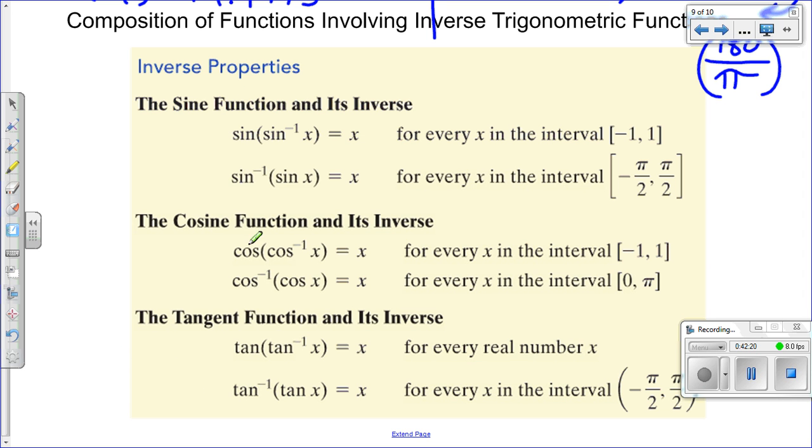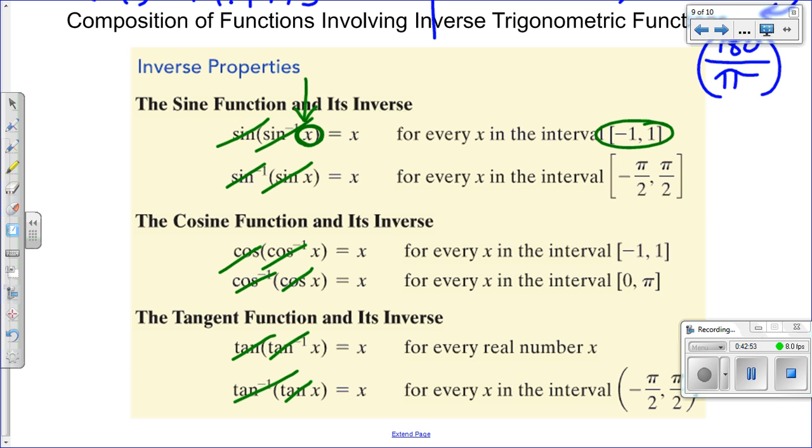Right here we have the inverse properties summary. You already know that inverse operations undo each other, right? So it's super convenient because we can just cross things out like that. However, you can't do that all the time. The only time you do that is if the number here is in between that interval.